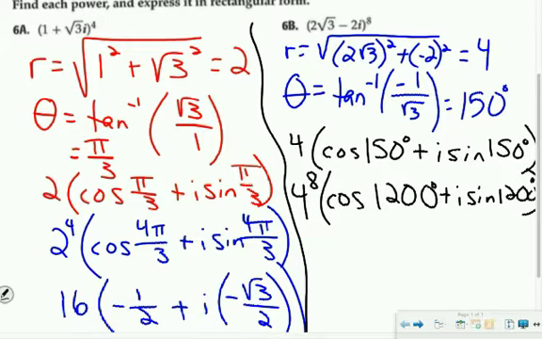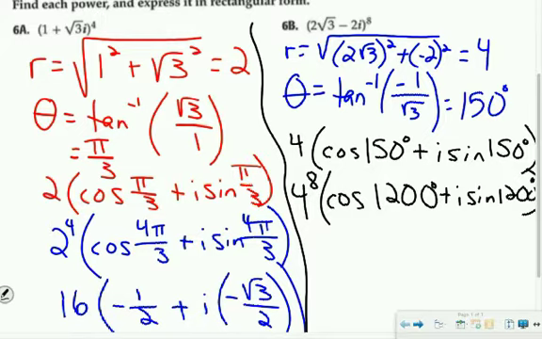And that's 3.3 repeating. So that means I would go around the circle 3 times and then 1/3. Well, 1/3 of 360 is 120.